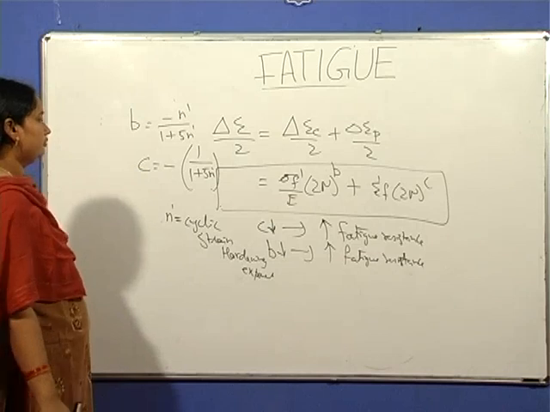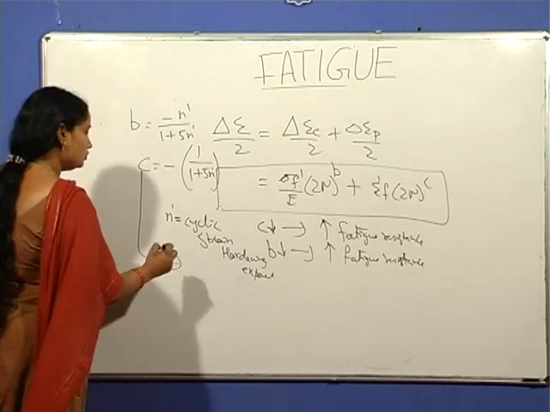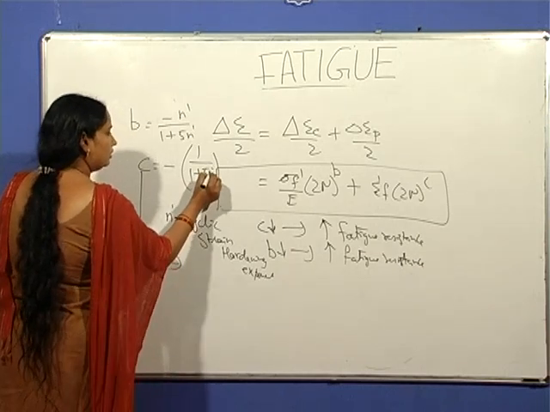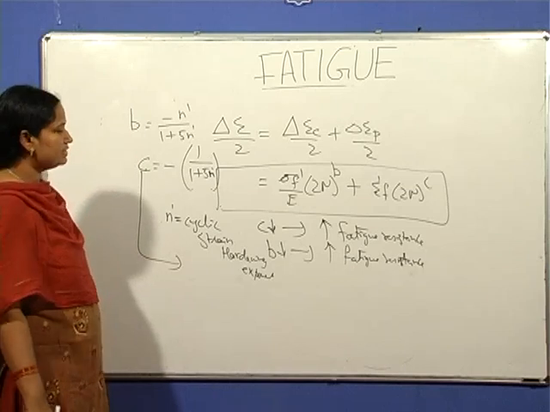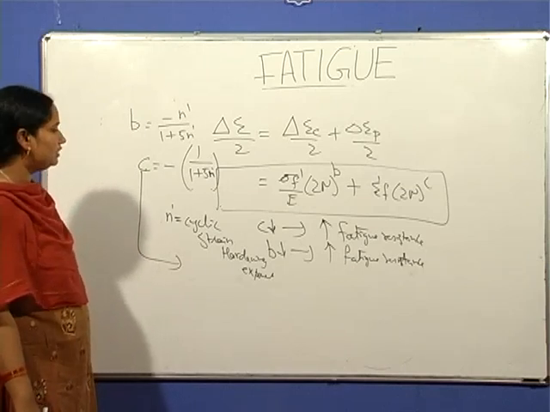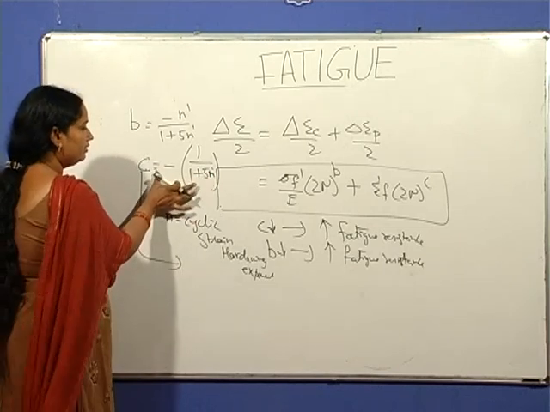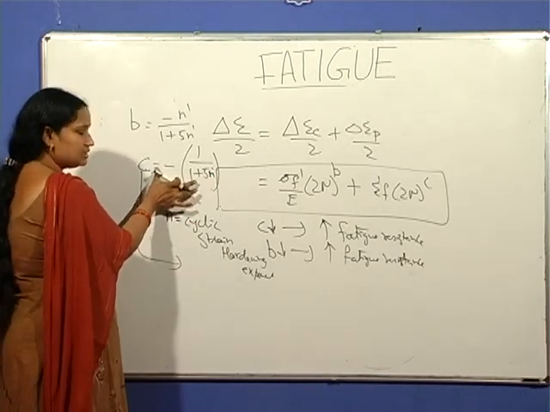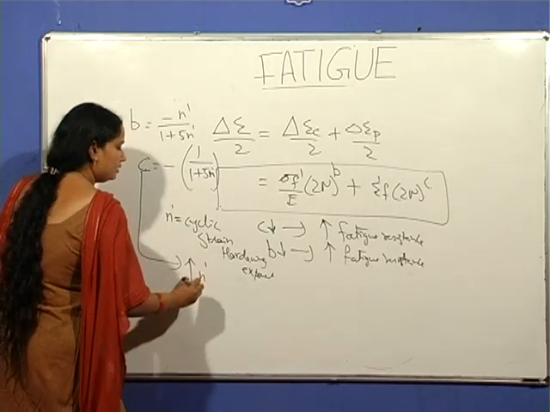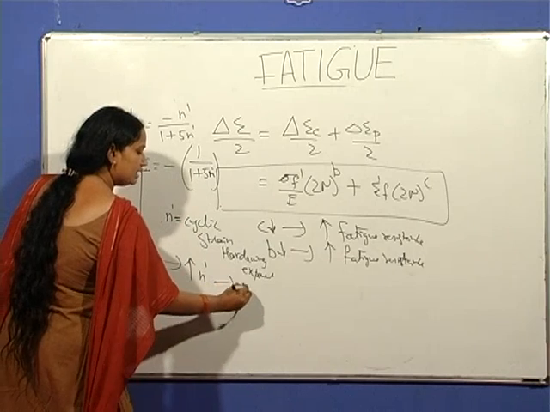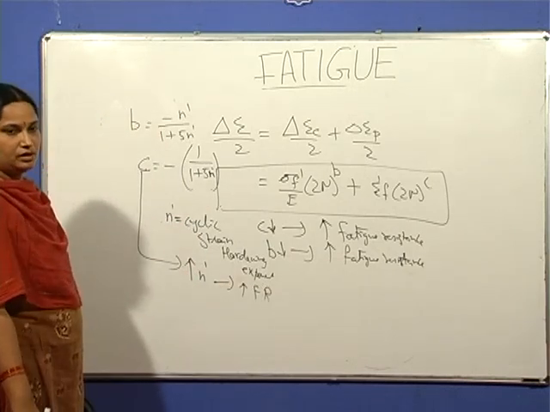In the case of the Coffin-Manson equation, the lower the value of c, the greater is the fatigue resistance and fatigue life of that material. So c and n prime are related by this equation, so a larger n prime results in an increase in fatigue life or fatigue resistance.